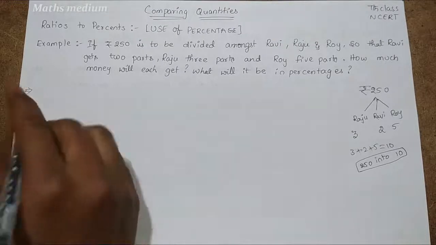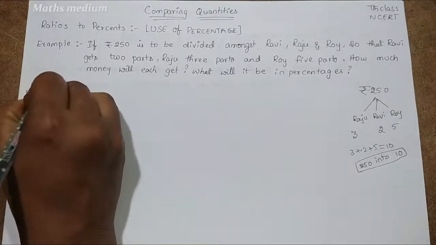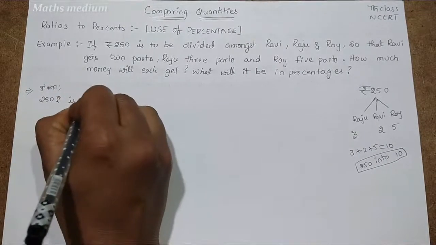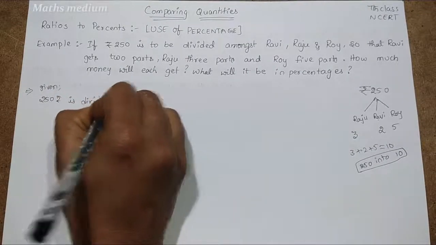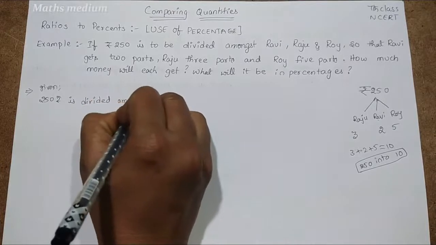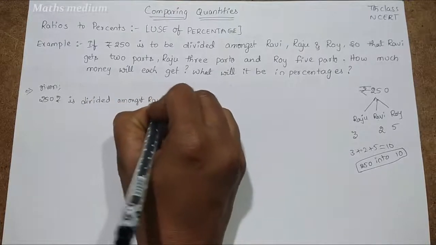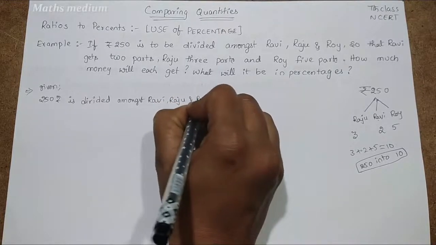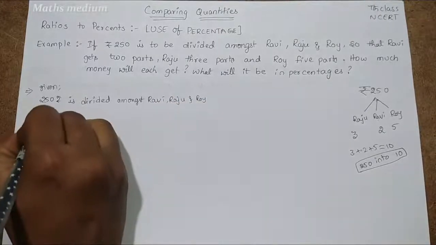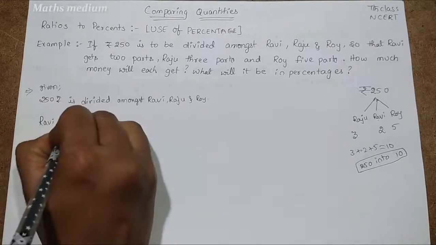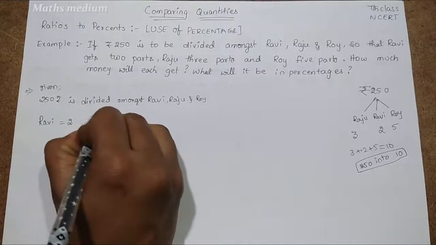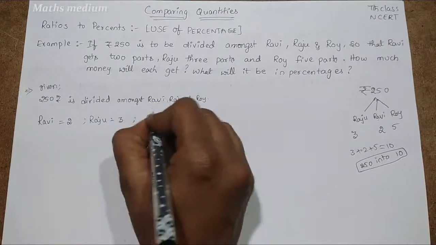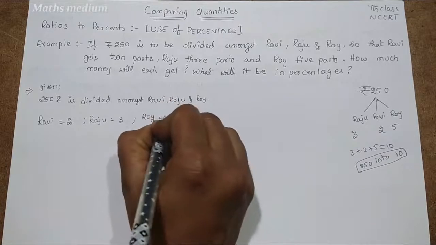So now see, given 250 rupees is divided amongst Ravi, Raju and Roy, so that Ravi gets 2 parts, Raju gets 3 parts, and finally Roy gets 5 parts.